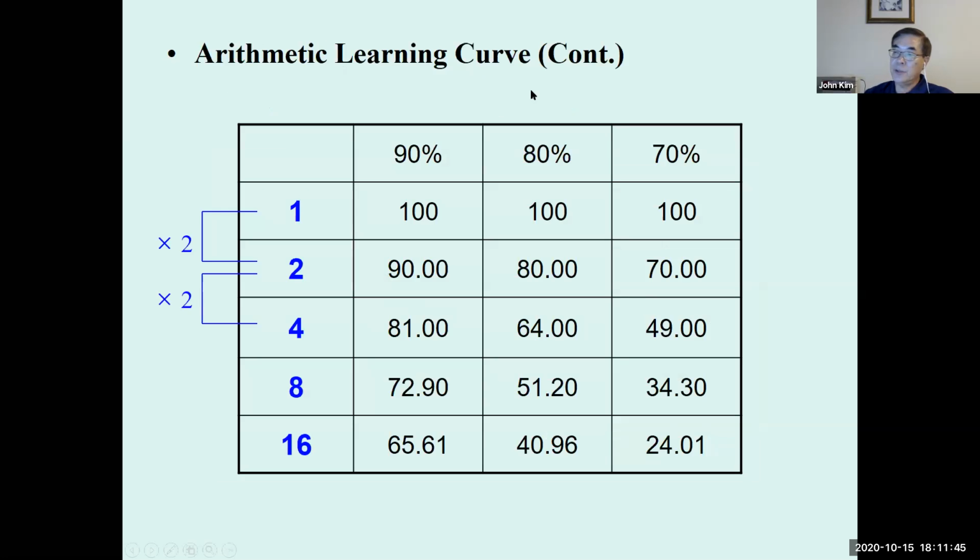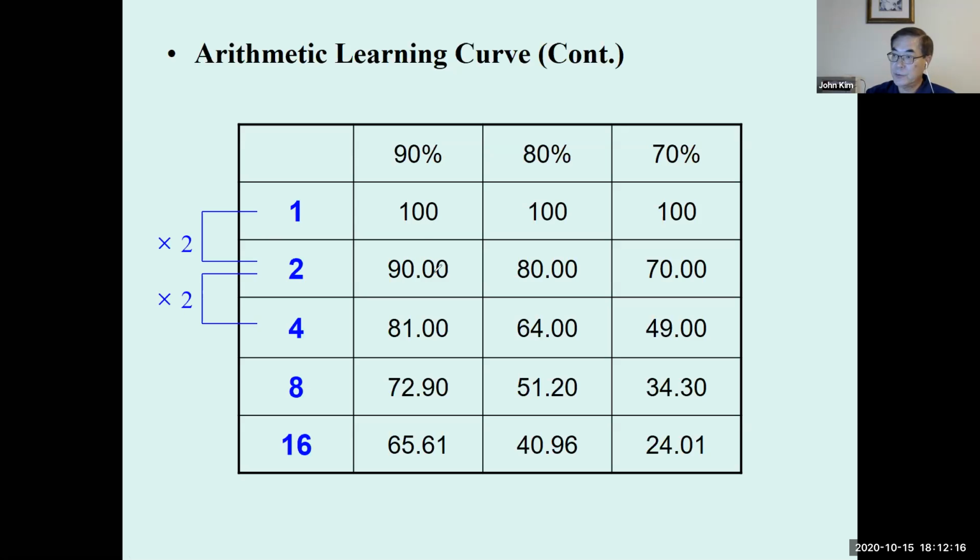Then we call that the doubling approach or doubling method. This arithmetic learning curve concept follows this doubling. When the unit number doubles, then just multiply by the learning percentage.